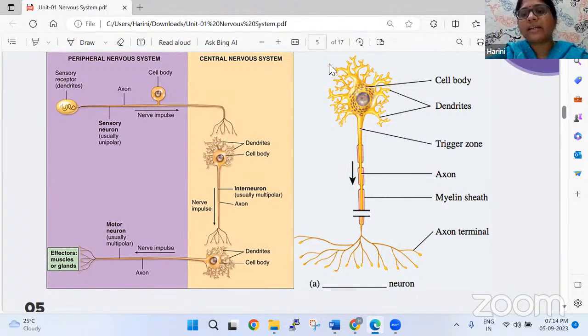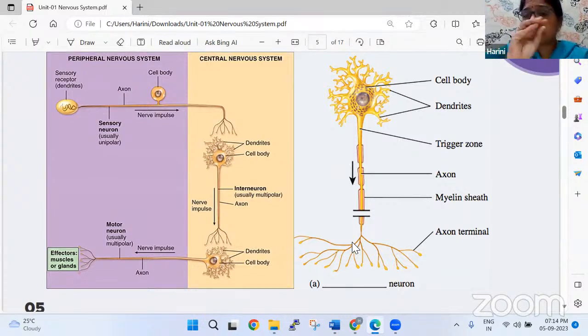And these dendrites carry the change they observe and tell it to the cell body. And this cell body carries the information through the major long structure, which is known as the axon. And from the axon, it has various axon terminals, through which the information is sent to the next neuron.